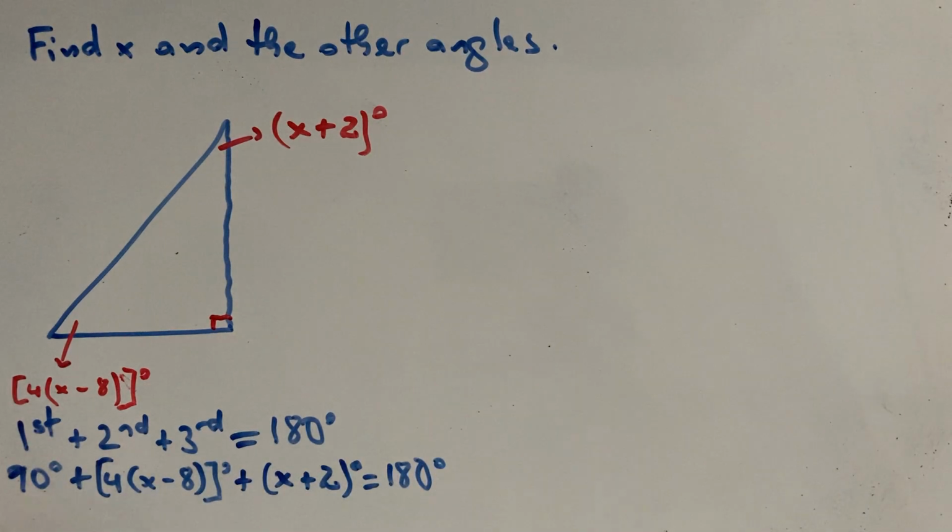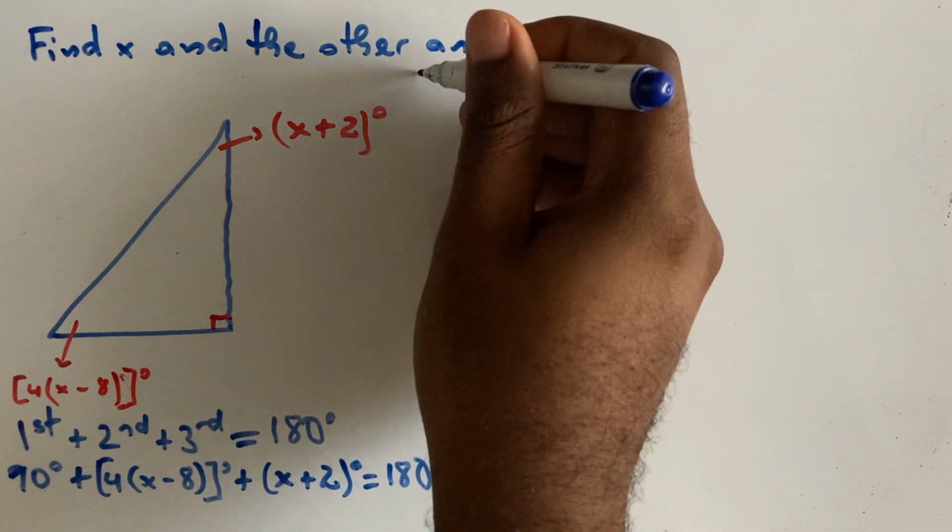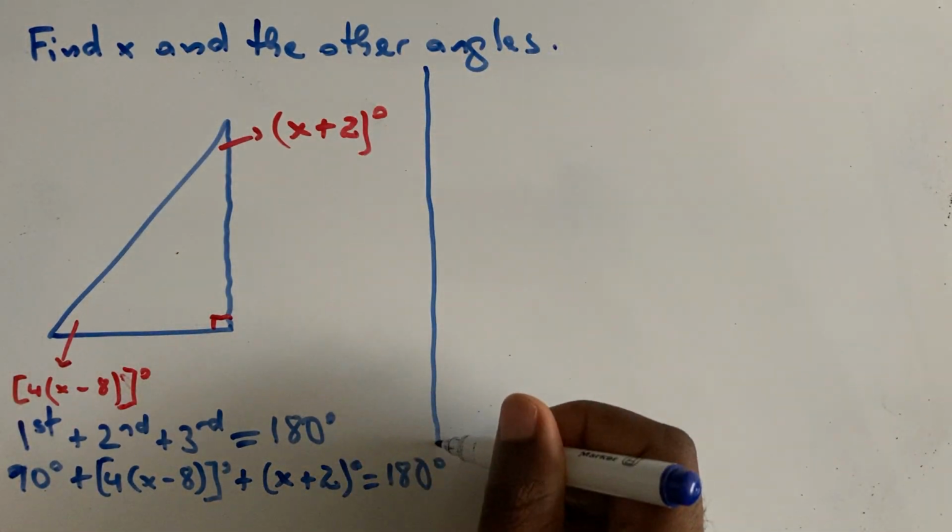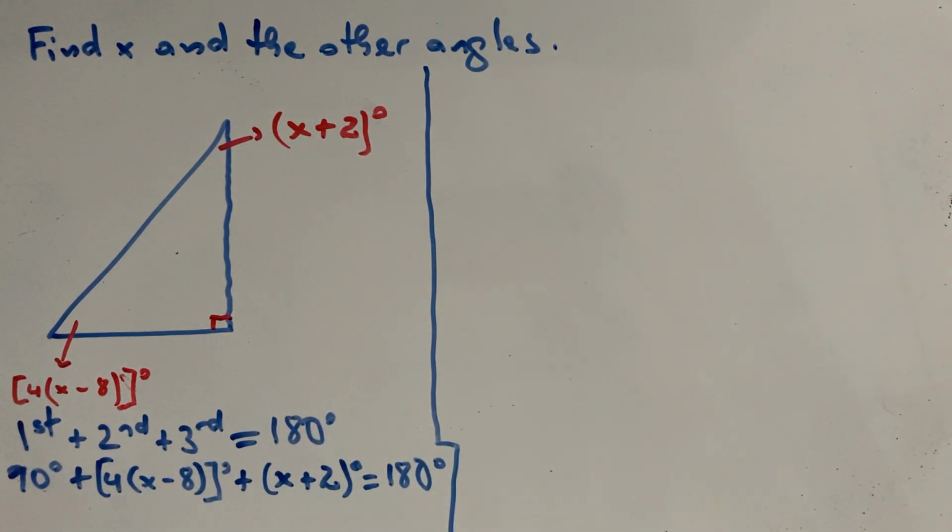Now once you have this, all you got to do, guys, is just solve this, making sure you solve. So let's go ahead and solve this. Let me do it here so I can have enough space.